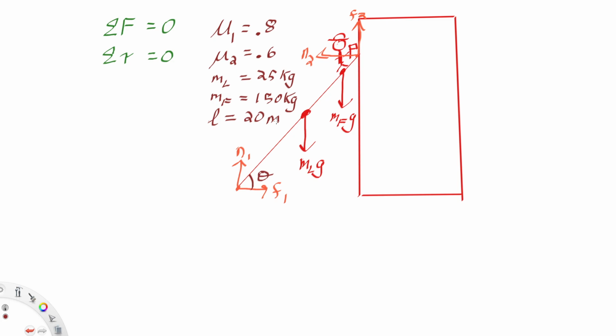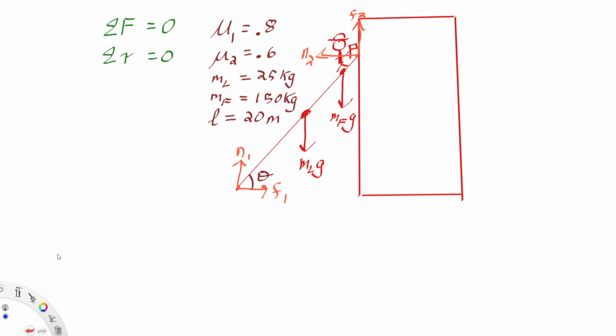So even though this is a more complicated problem than the seesaw, we want to approach it in exactly the same way. So what's the first thing we do? Yeah, we sum the forces.